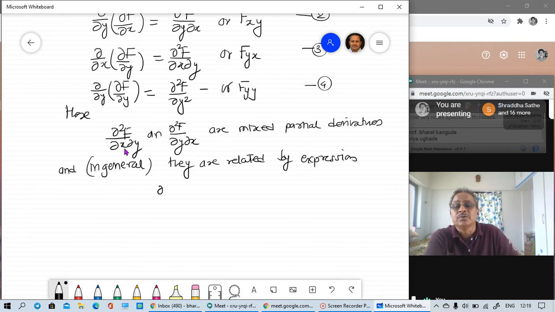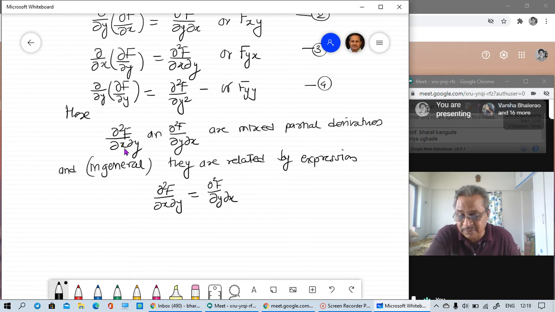Okay, so ∂²f upon ∂x ∂y is equal to ∂²f upon ∂y ∂x. In most functions, this particular second order mixed partial derivative is found to be the same. So that is fyx is equal to fxy.